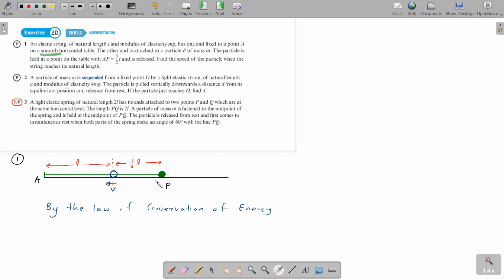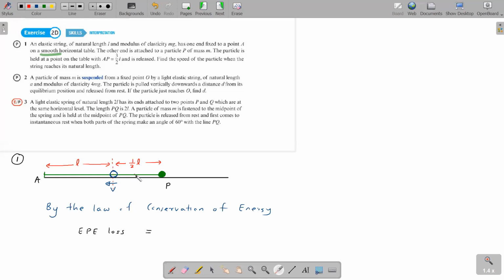Now, coming towards the natural length, are you gaining elastic potential energy or are you losing it? You're losing it, right? So the elastic potential energy that you are losing will be equal to what you gain. When you come to this point, you are gaining kinetic energy.